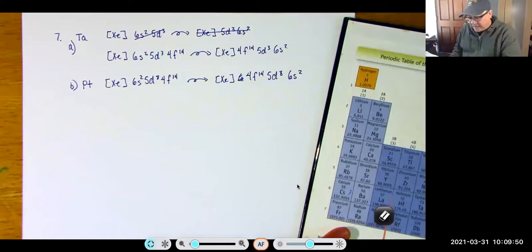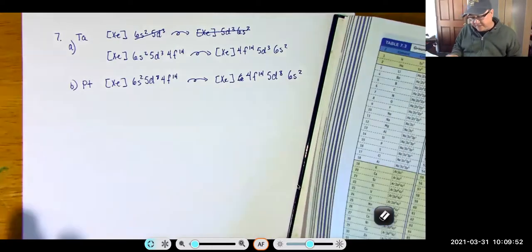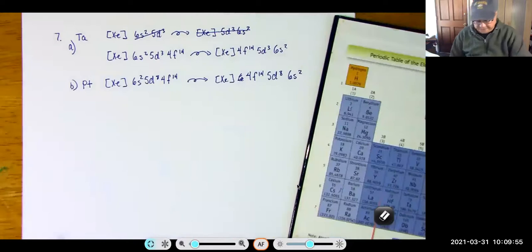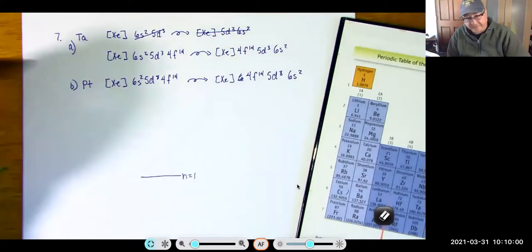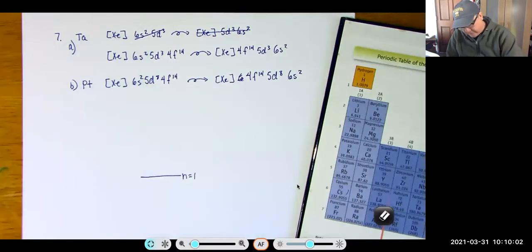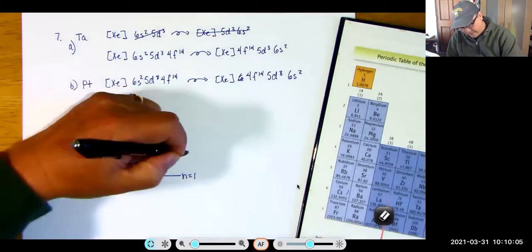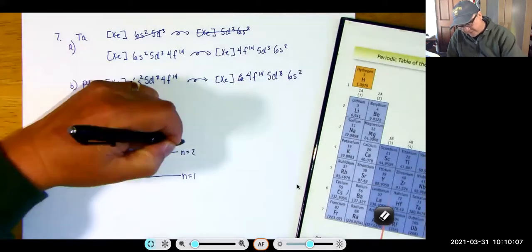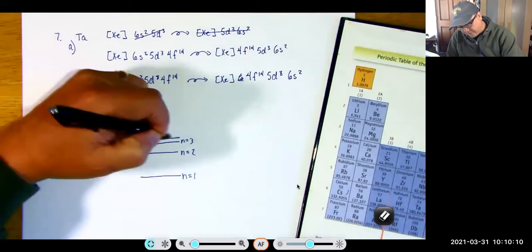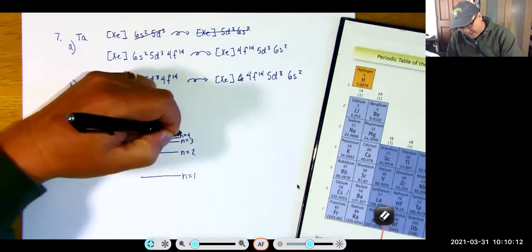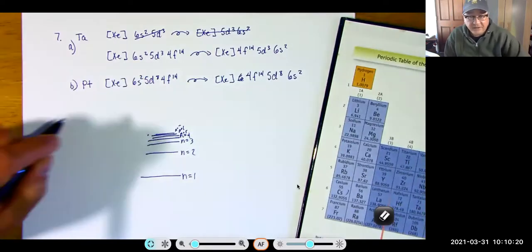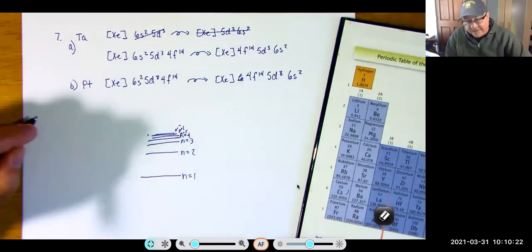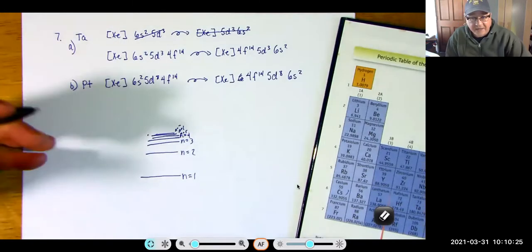Well, here's something you have to understand about energies. So here's n equal 1, right? Here's n equal 2. Here's n equal 3. Here's n equal 4. Here's n equal 5. n equals 6. n equals 7. They get really close together right here. So remember the lab where you found out that the energies are really close together for high n?